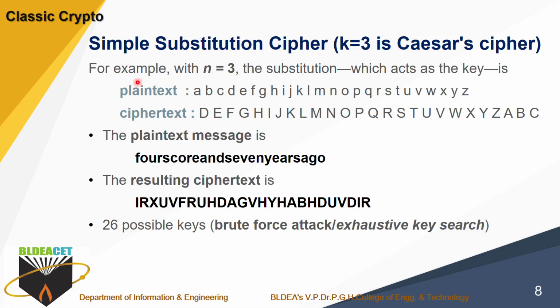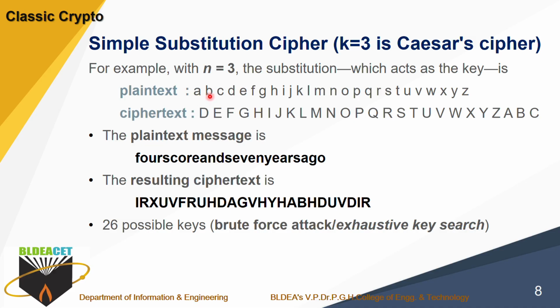Here is one example. With n equal to 3, now you can substitute this. For example, this is your plain text alphabet A to Z. Now to generate the ciphertext with the substitution method where n is equal to 3, in the place of A you have to substitute by shifting 3 places.